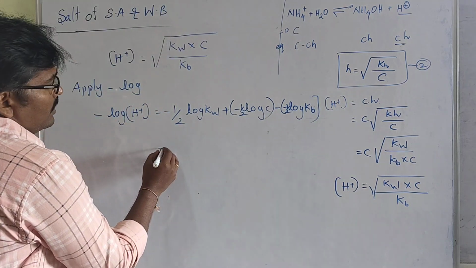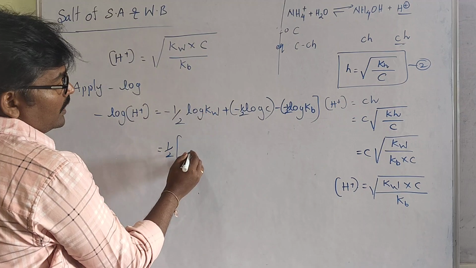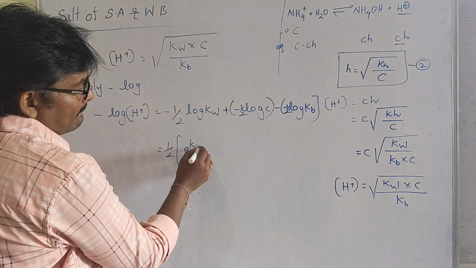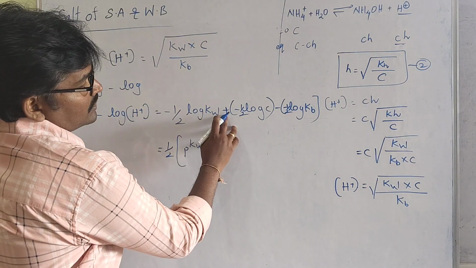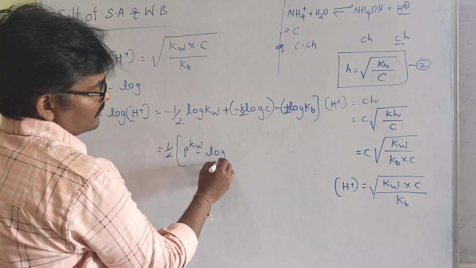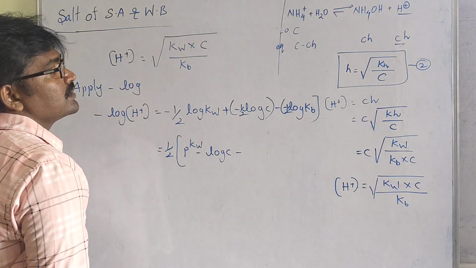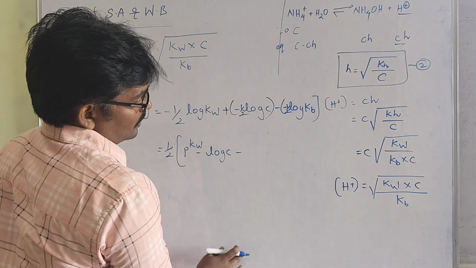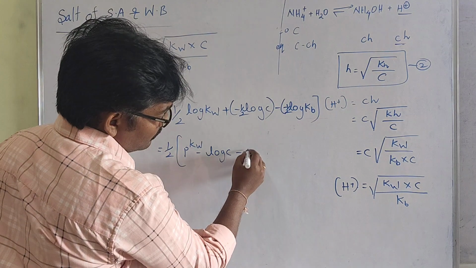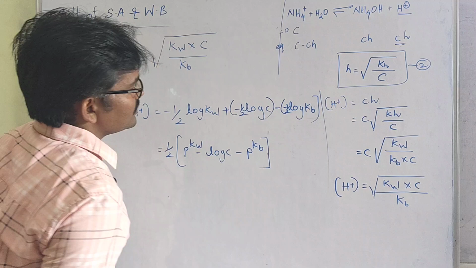Yes. Then 1 by 2 is common for all. So minus log KW, PKW, plus minus log C as usual. Here minus log KB, minus log KB, PKB.